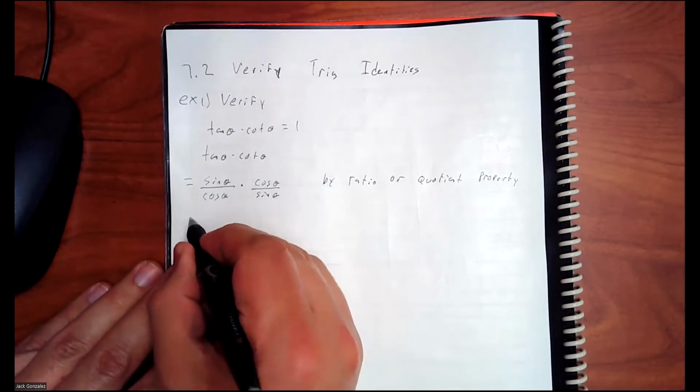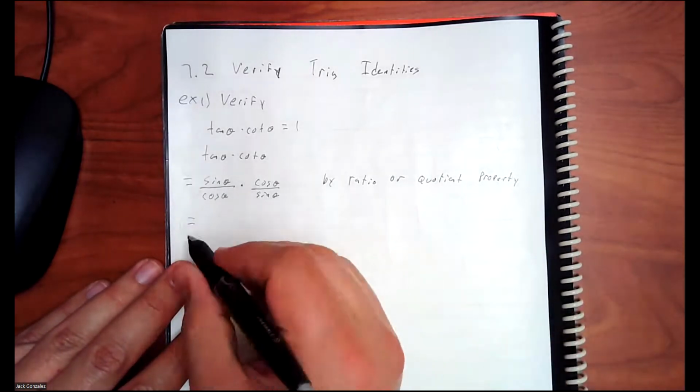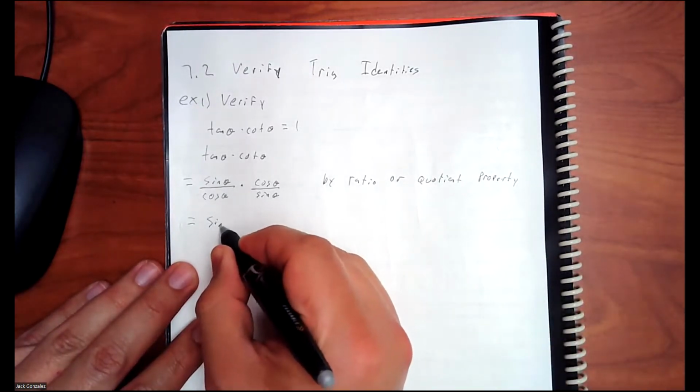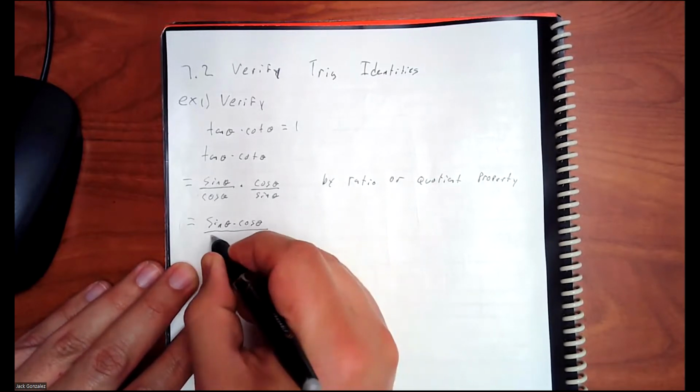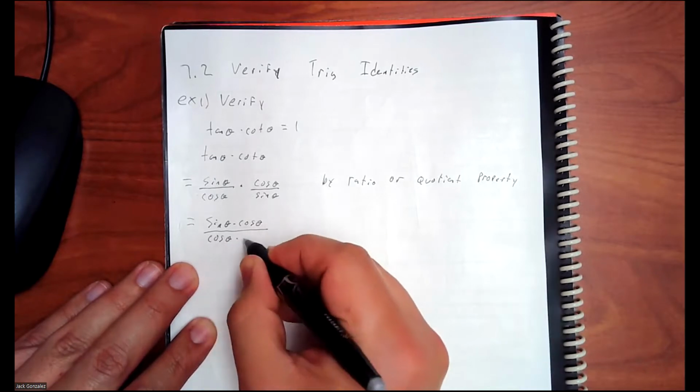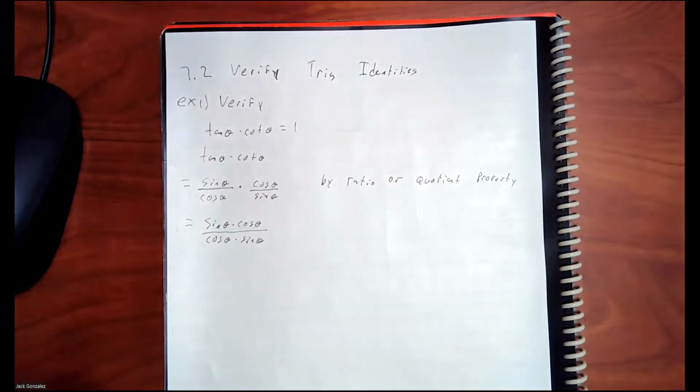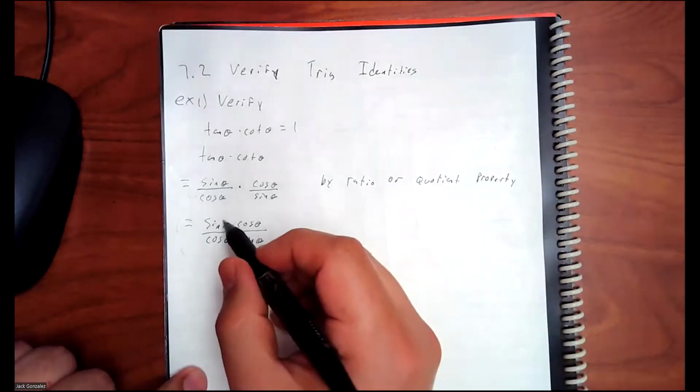So now you should see that these are going to cancel out. Sine theta times cosine theta over cosine theta times sine theta. You see how this cancels out?